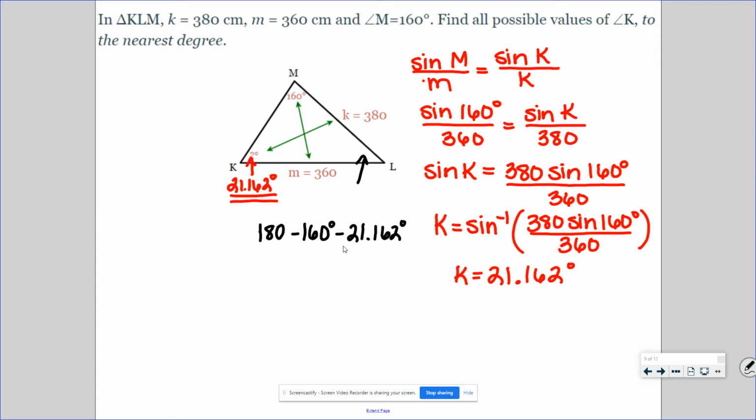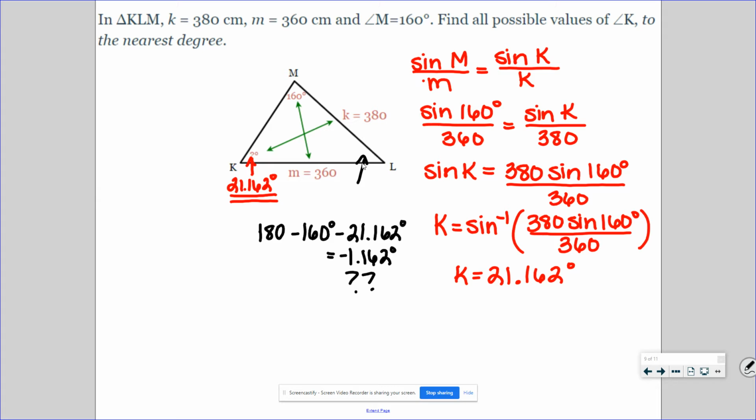What happens when you do 180 minus 160 minus 21.162? You get a negative angle measurement, don't you? You get negative 1.162. Okay, what does that tell you? That tells you that this angle is negative degrees.